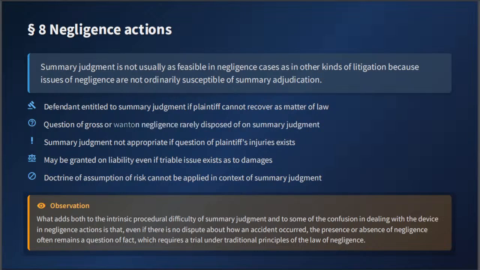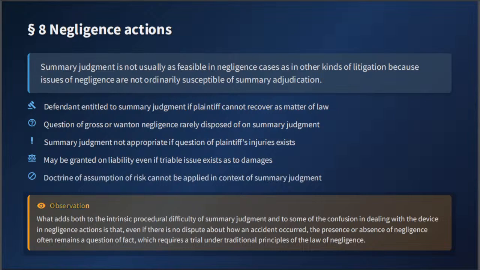So we get to that gross, wanton negligence. Those are all facts that need to be adjudicated. Then we have summary judgment not appropriate if a question of plaintiff's injuries exists. So again, it's a disputed fact. Summary judgment may be granted on liability, even if a triable issue exists as to damages. So it may be summary judgment just based on the liability, and there's no reason to adjudicate based on issues of damages. The doctrine of assumption of risk cannot be applied in the context of summary judgment.